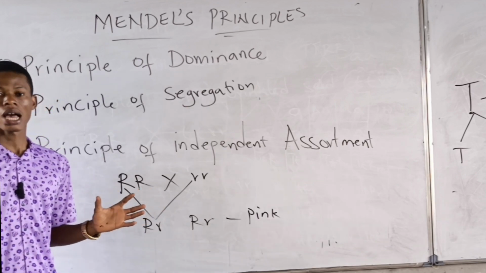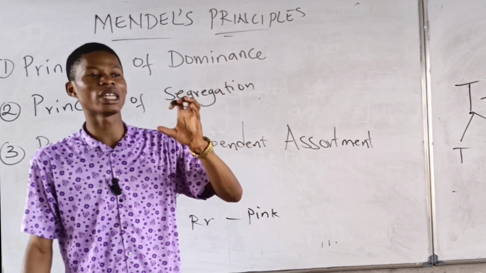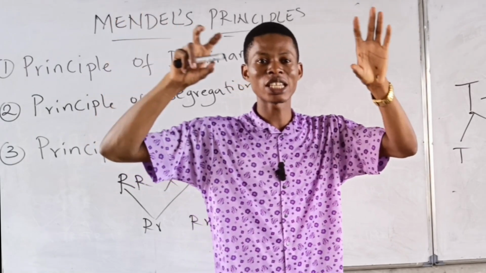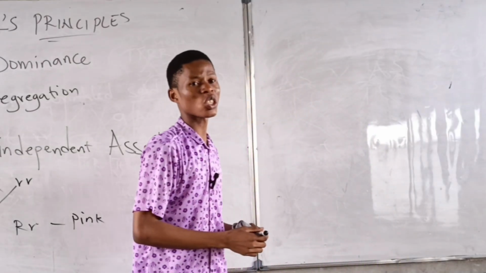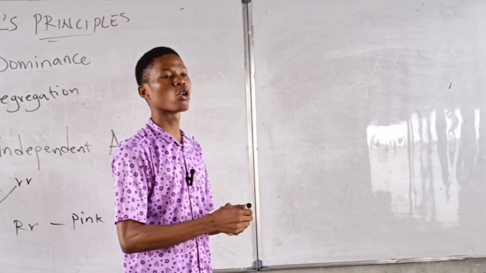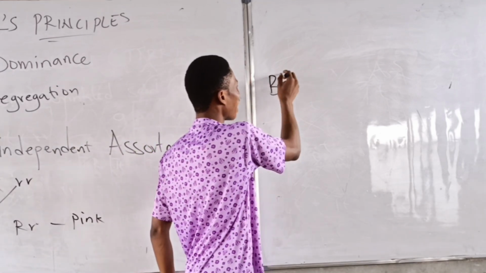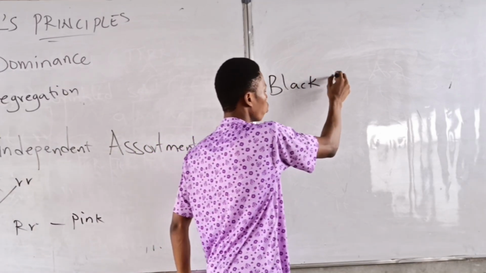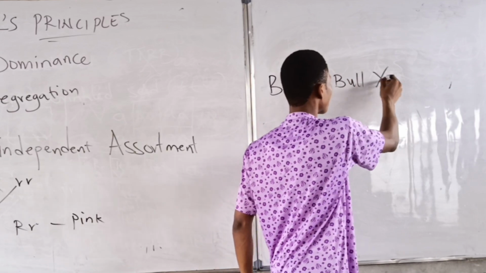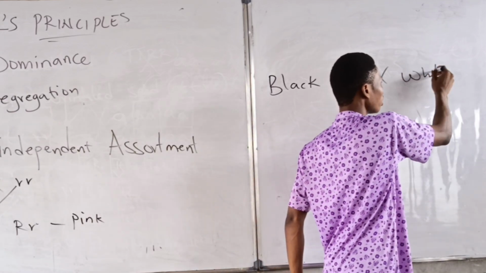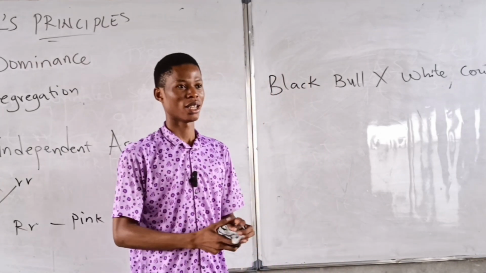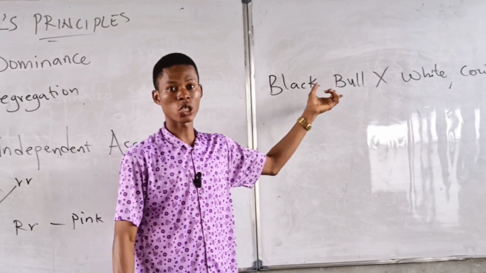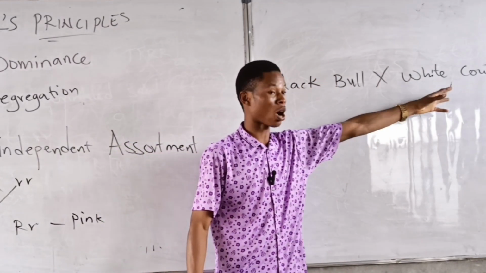Do you get that? Alright, so now in codominance, the traits of both parents are showing. In the case of codominance, if you cross a black bull with a white cow, I know you used to call all of them cow, but they are cattle. The male is the bull, right? While the female is the cow.